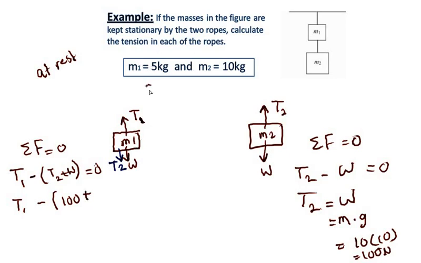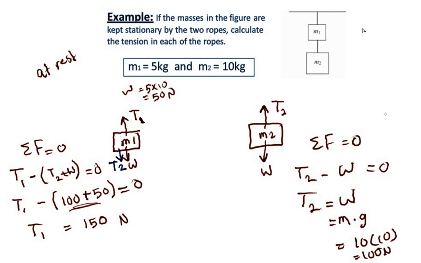Weight of mass 1 is 5 times 10, or 50 newtons. This is 50, and it's all equal to 0. Then T1 equals 150 newtons. Of course, T1 is more than T2 because the string here holds 2 masses, while the string down holds 1 mass.